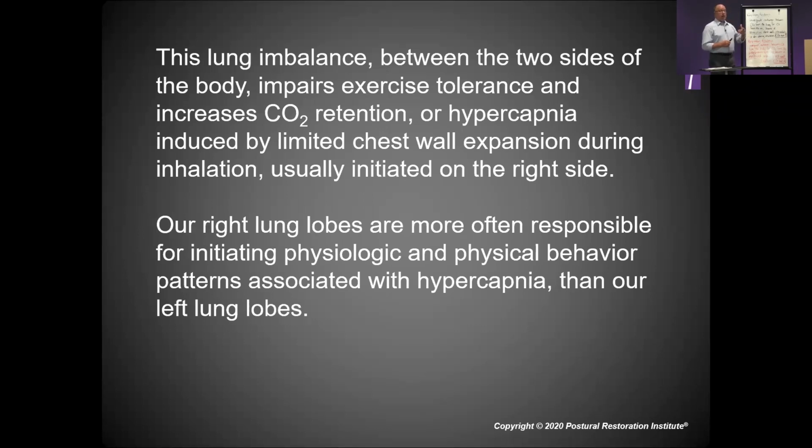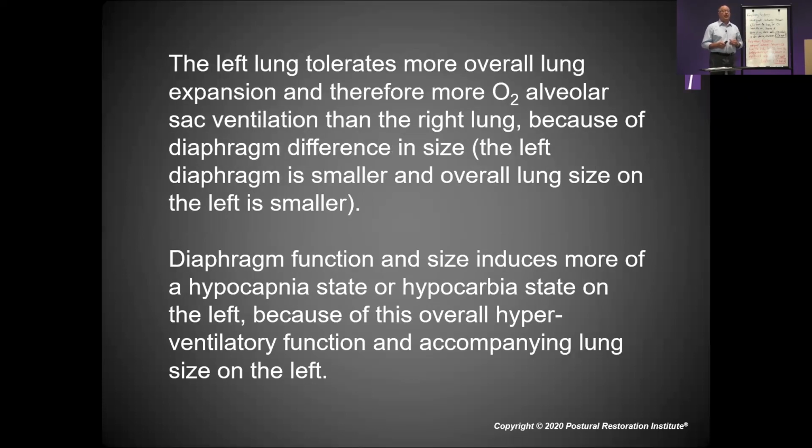When we look at hypercapnia, we're looking at things called acidotic or acidosis, more so than our left lung lobes. The left lung tolerates more overall lung expansion because the ribs flare out easily and air moves out laterally and anteriorly more easily, and therefore more alveolar sac ventilation than the right lung occurs because of the diaphragm's difference in size.